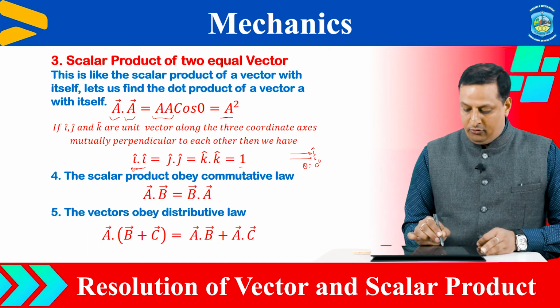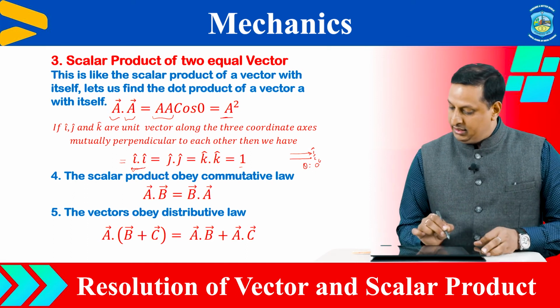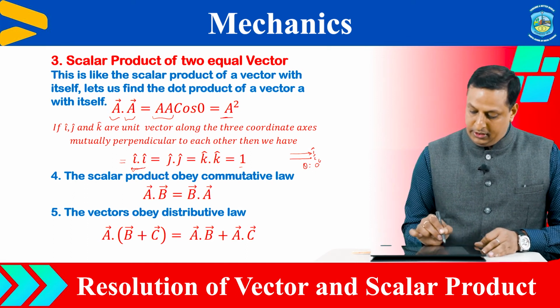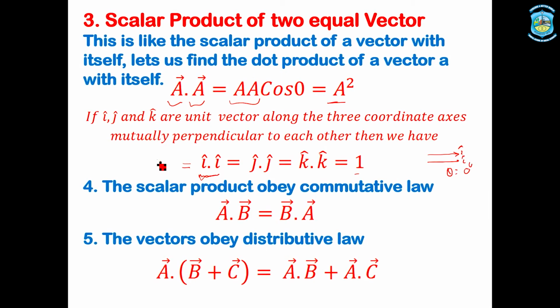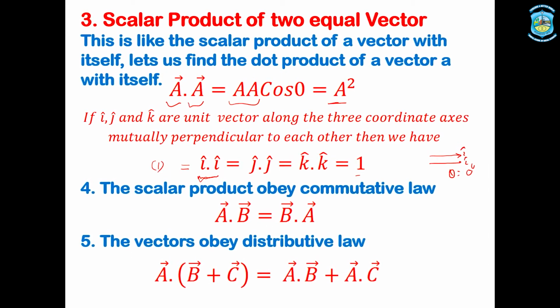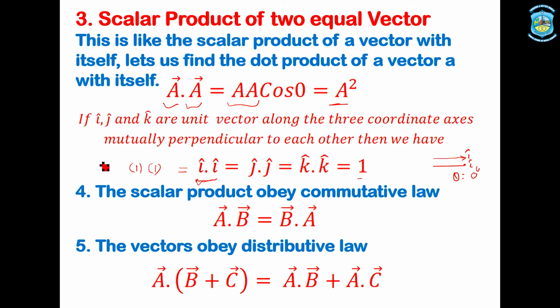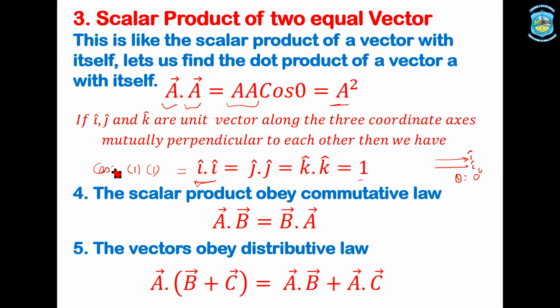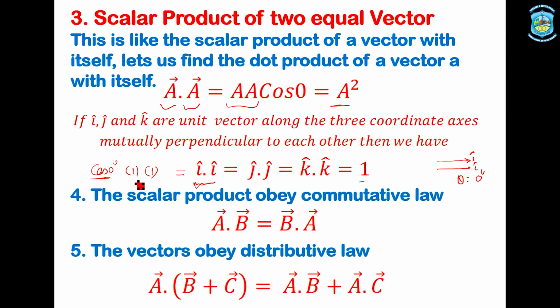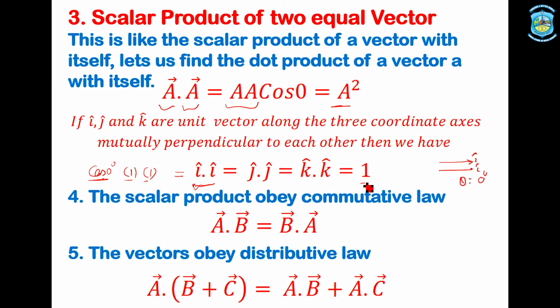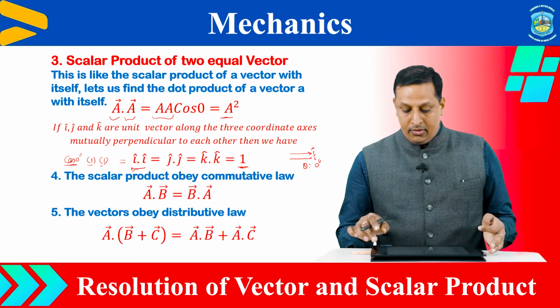Because in the mathematical expression of dot product, first we take the magnitude of the first unit vector, then the magnitude of the second unit vector, and then cos of the angle between them, which is cos 0. So it will give 1, and 1 into 1 is also 1. Therefore, it is 1 here.